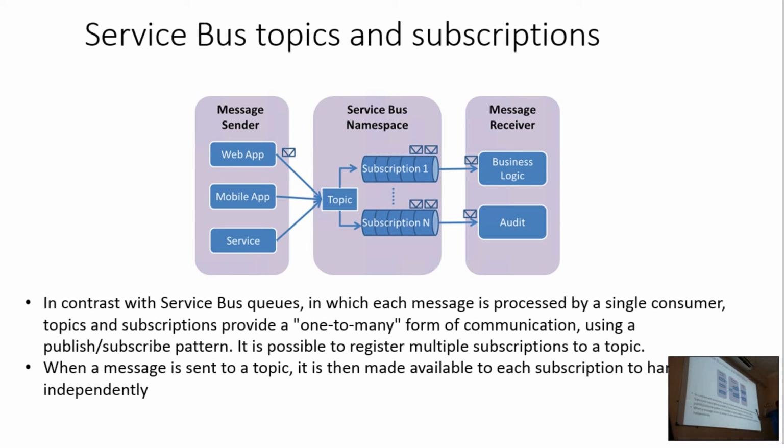Now, instead of one queue, the application sends the data to a topic. Right? A topic is like an area of interest. Now, if the topic has subscriptions, what happens when a topic receives a message? It gets a copy of each message, and for the number of subscriptions that it has, it passes a copy to each subscription.